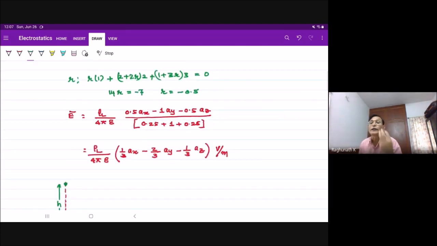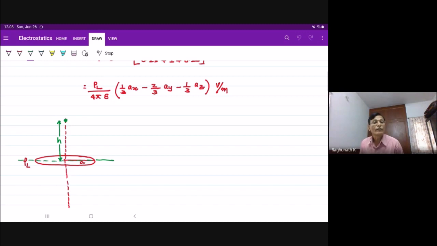My aim is to determine the field at any point on the axis of a circular line charge of radius A having the charge density of rho L. The point is at a general distance h from it.